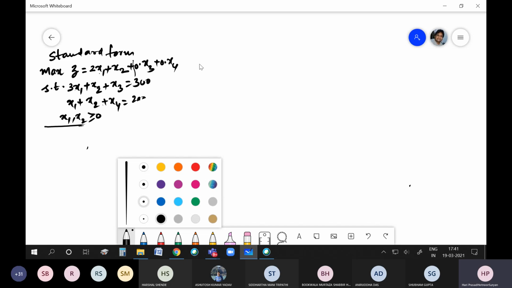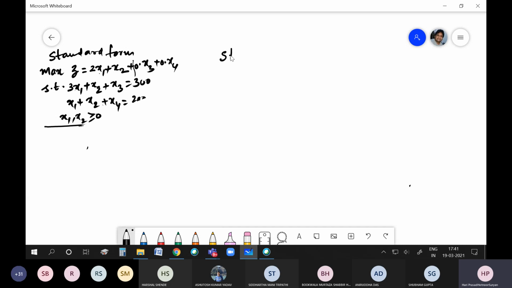First we start with what we call the simplex table, a starting simplex table.